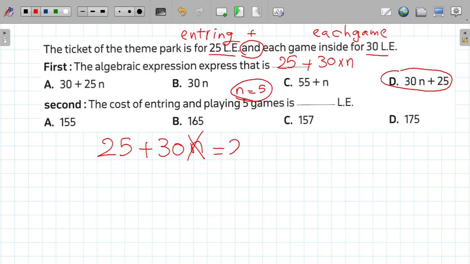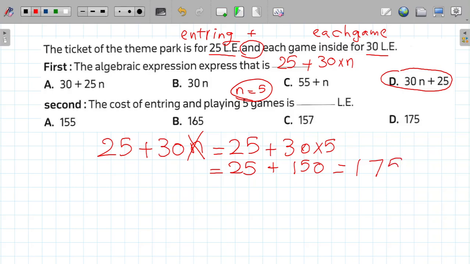So I can say 25 plus 30 times 5. 30 times 5 equals 150, and 150 plus 25 equals 175 pounds. So the amount that he will pay is 175 pounds.